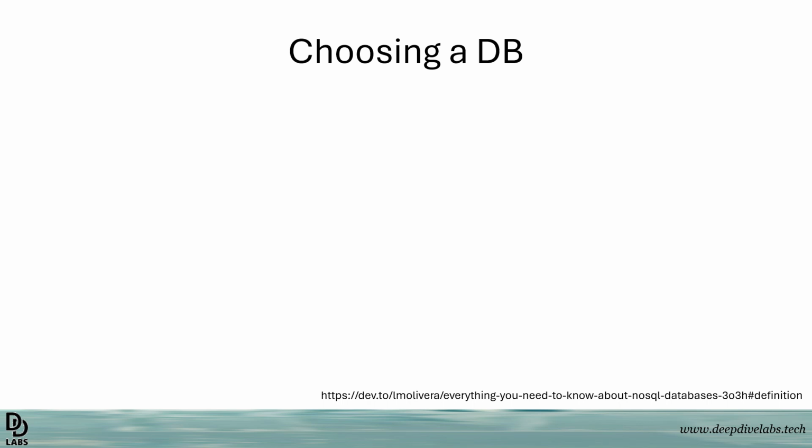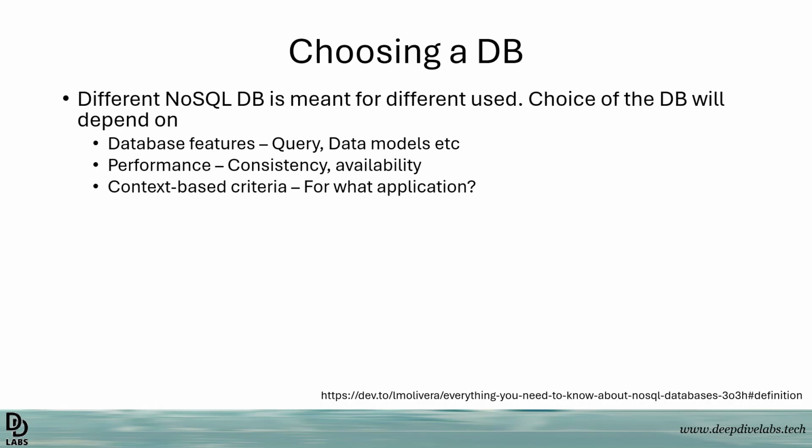So how do we choose a database, right? We've talked about a bunch of different databases: the relational database, the NoSQL database, and within NoSQL, four different types of it, right? Different NoSQL databases are meant for different uses, right?